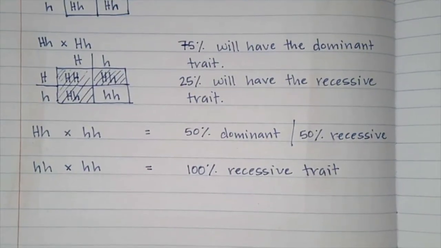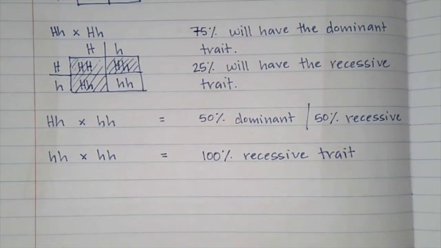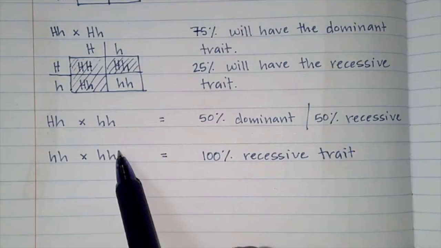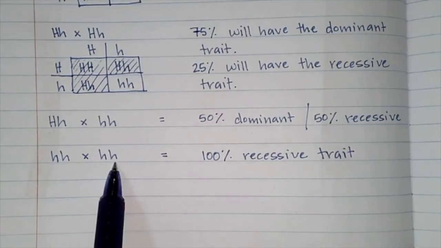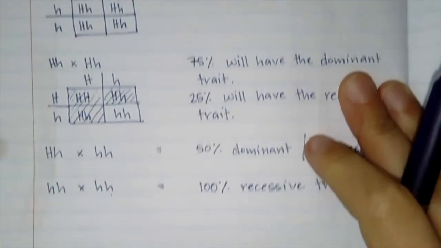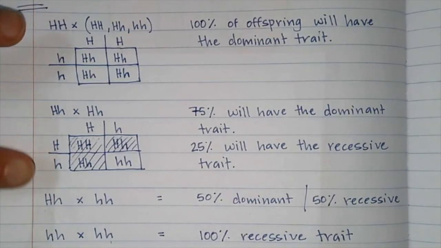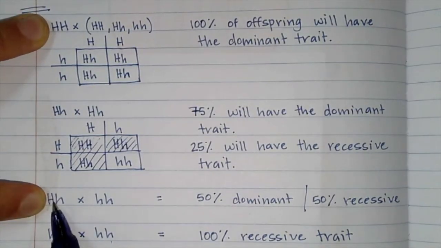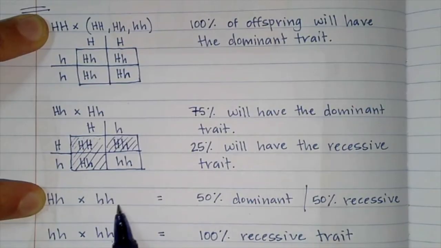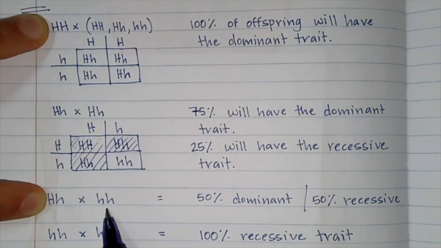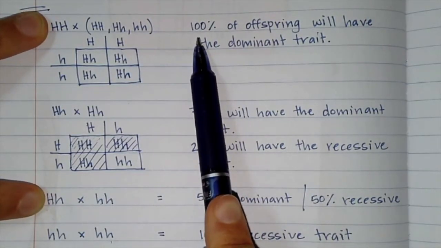The last thing I want to cover is if you have a parent and you don't know what their genotype is. So let's say they have hind limbs, but you don't know if they are big H or if they're big H, little h. You are going to want to cross them with a little h parent. If I don't know which of these they are, if I cross them with a fully recessive parent, then if they are big H, all of the offspring would have that dominant trait.